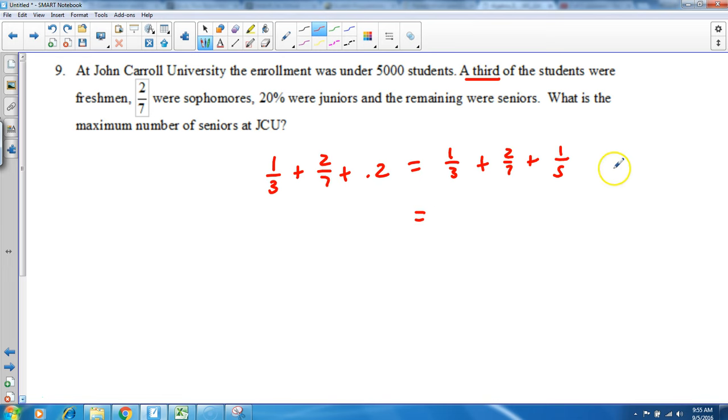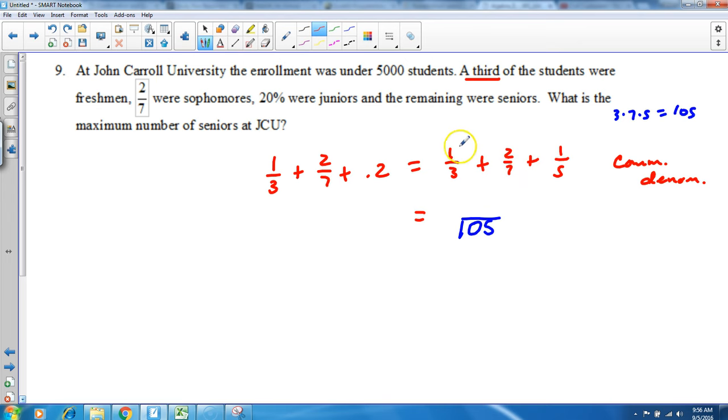And now we need a common denominator. Well, the common denominator between these is going to be 3 times 7 times 5, which is 35 times 3, which ends up being 105. So when we combine these, it's going to be out of 105.